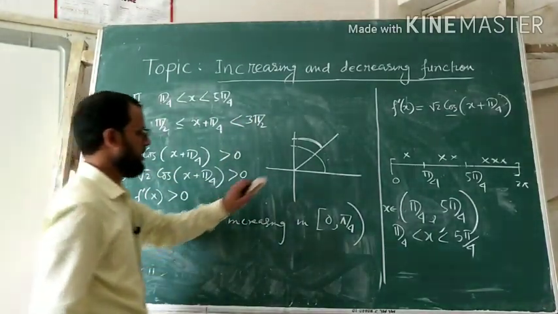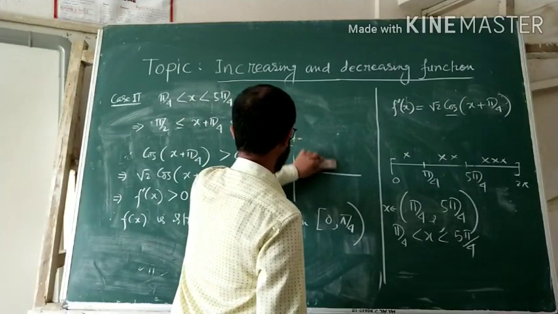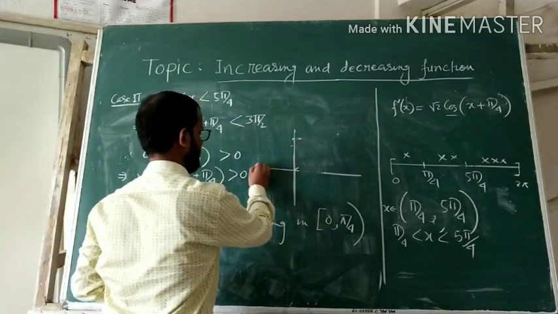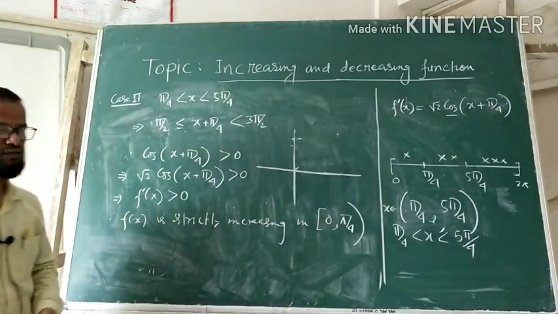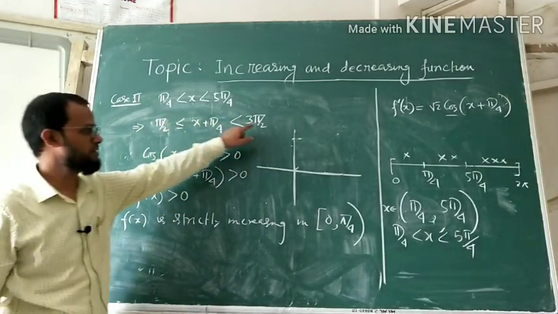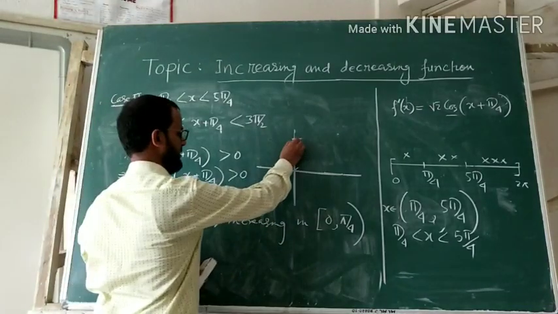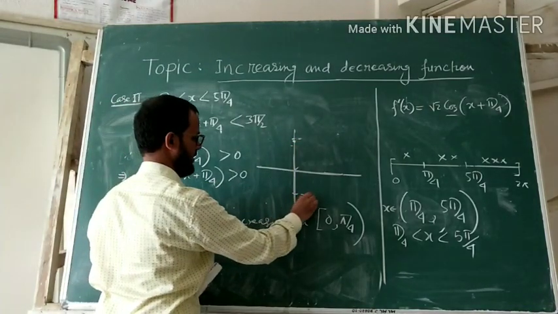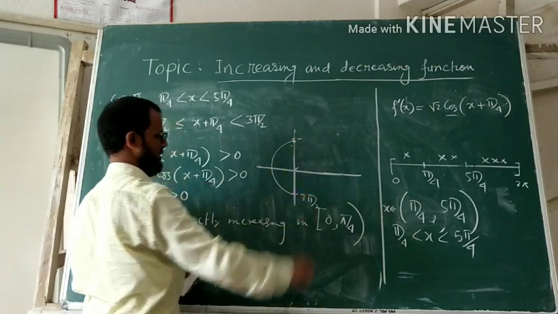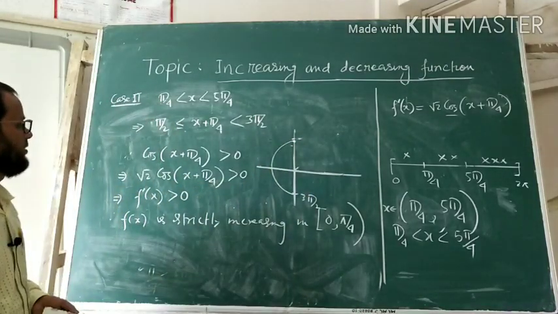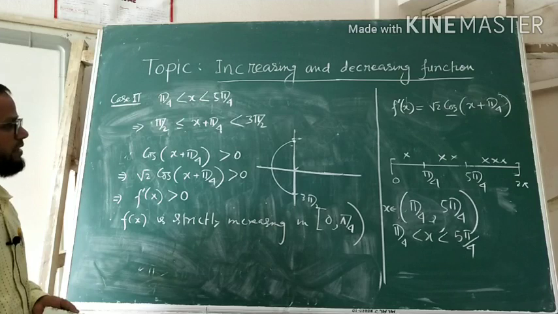Now, use the quadrant rule again. Your angle x plus pi by 4 lies from pi by 2 to 3 pi by 2. Pi by 2 is the angle here, and 3 pi by 2 is the angle here. So, it lies in this part, pi by 2 to 3 pi by 2.